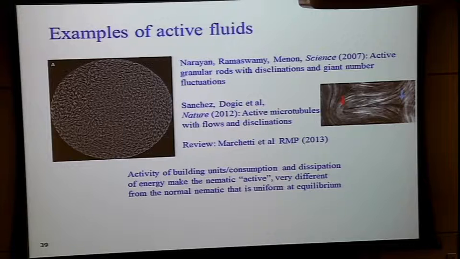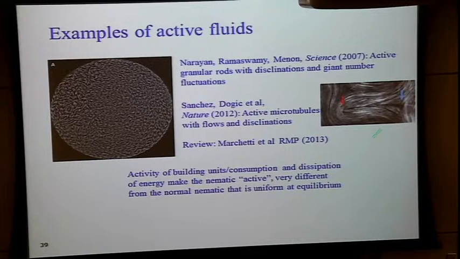So you probably know that there are many ways of injecting energy into the condensed matter and observing some unusual effects. One of the first, by Ramaswamy, was just a plate filled with solid rod-like particles that were shaken, and you might see here that they create a nematic-like order with disclinations, and these disclinations move around.